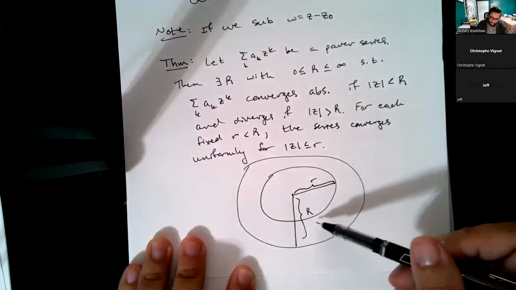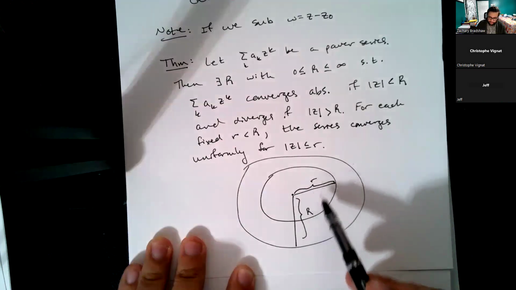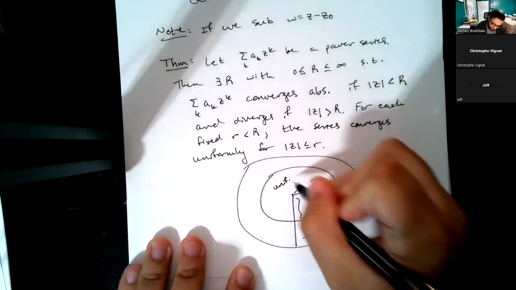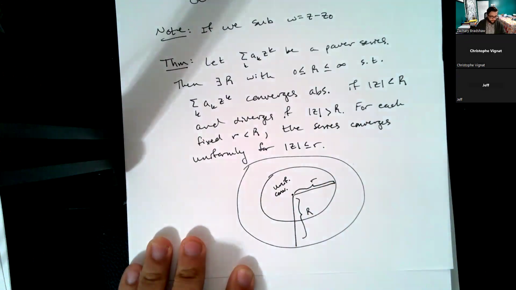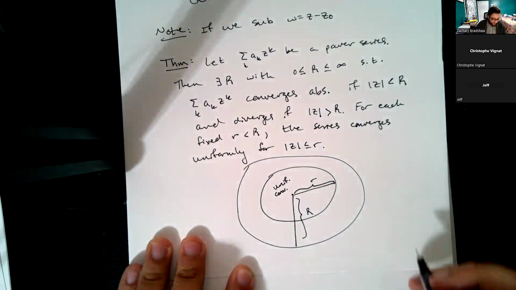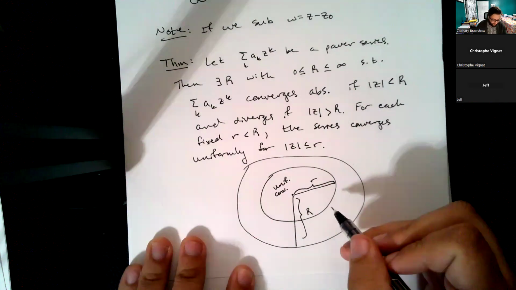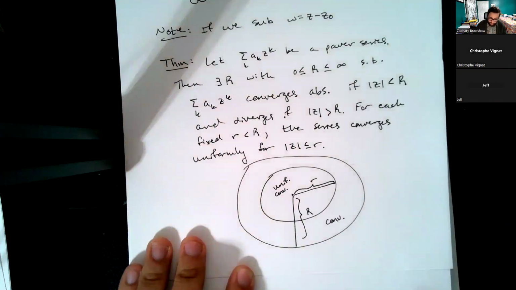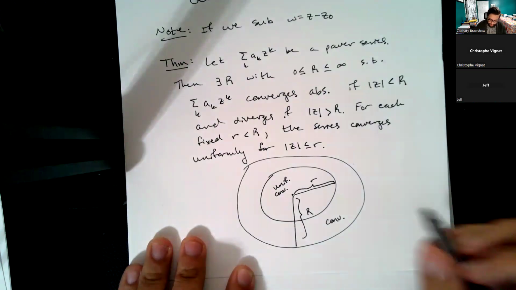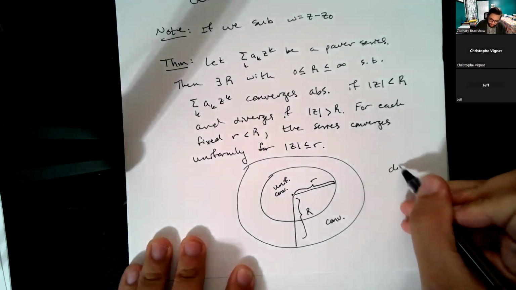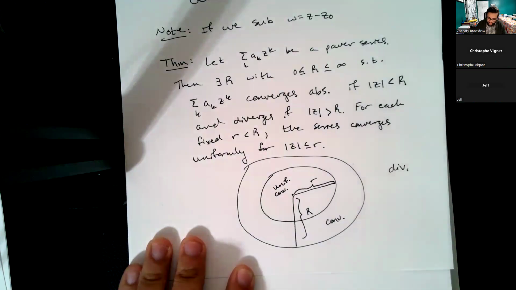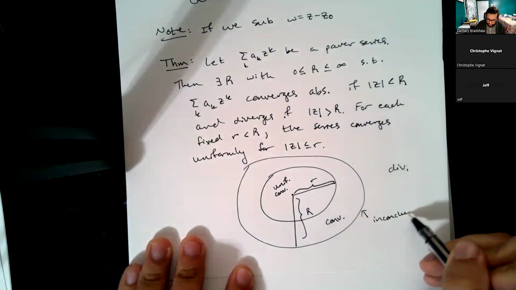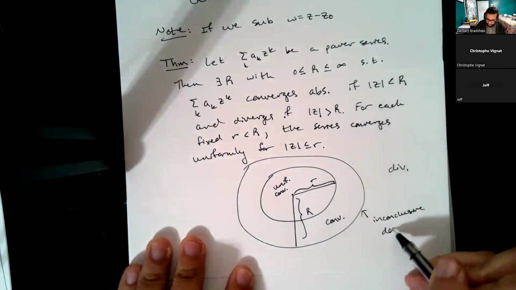And inside of that radius of convergence, so for any little r less than that, we have uniform convergence. So uniform convergence in here. And then outside of little r, we have convergence. And then outside of capital R, we have divergence. And then at R, it's inconclusive. Don't know.